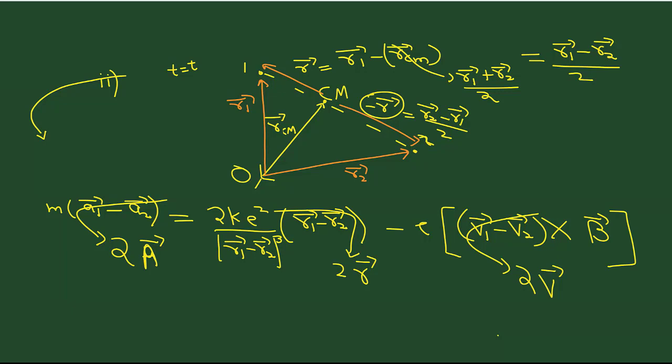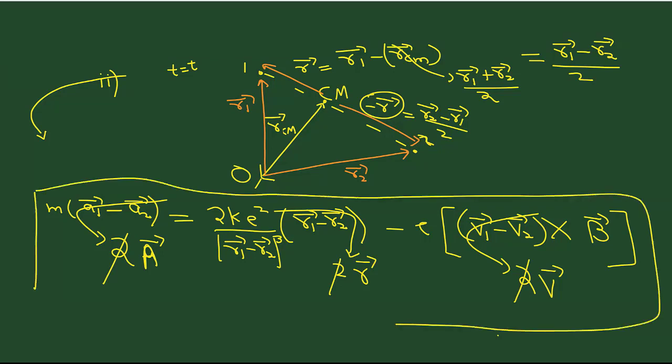Apparently, this equation is similar to the previous equation. Just observe, all these 2 terms will cancel out. Why have I done this? This mathematical format is similar to what I have done in part A of the problem. Let me think about what I did. In part A, I put mass into acceleration of any one of them, and got these terms: 2ke square, R1 minus R2, mod cubed. What was the difference there?